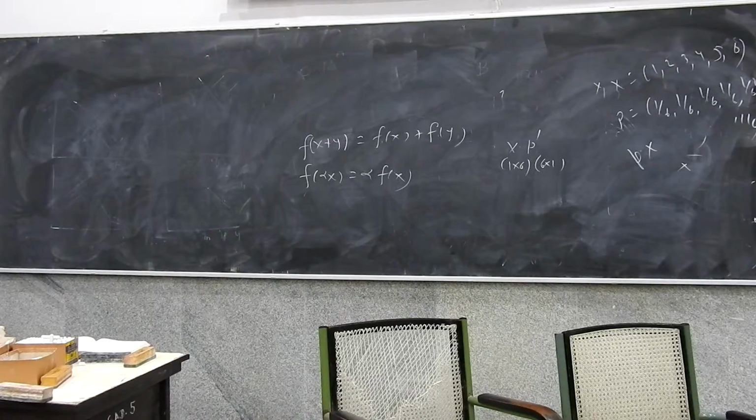But P dot X is a single number, expected value X. So what we have is a function from R6 to R1. The expected value operator is a linear function from Rm in general to R1, for a discrete random variable.